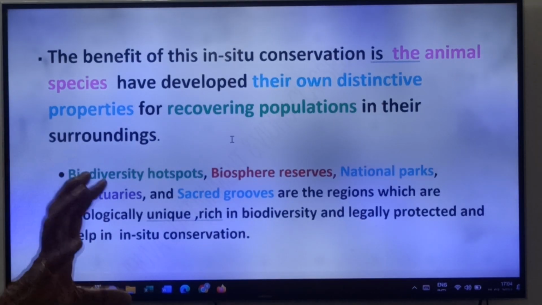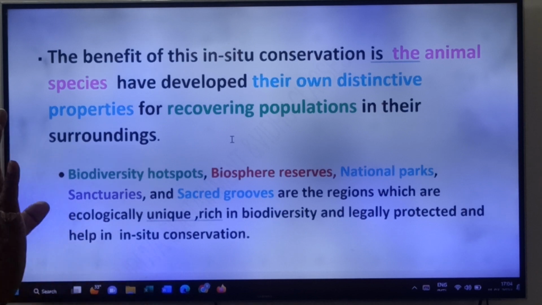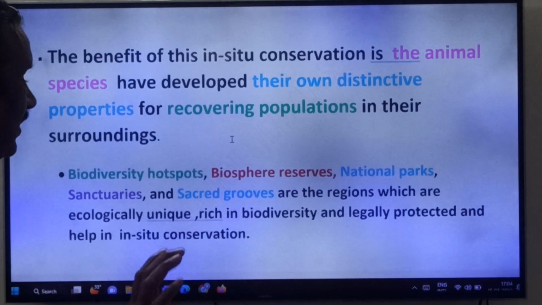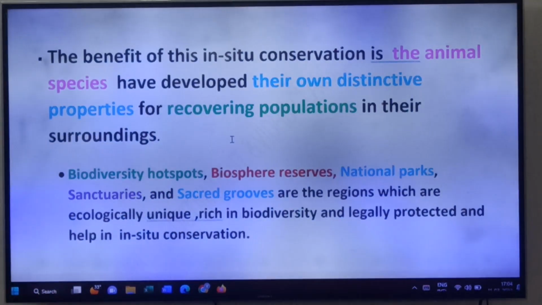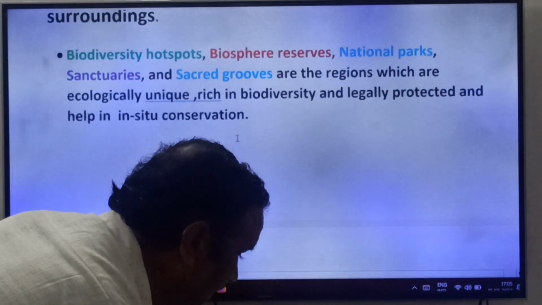So these five places, biodiversity hotspots, biosphere reserves, national parks, sanctuaries and sacred groves, help us protect animal populations by in situ conservation. Now we'll take them one by one.